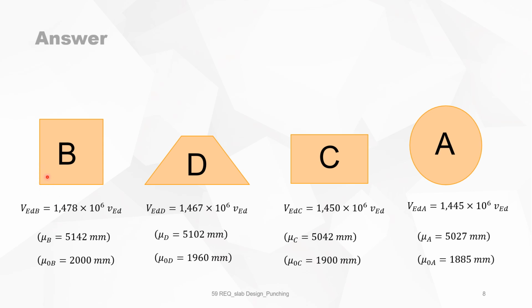So sometimes this can be more limiting than the first critical section. So that's why I checked here also the circumference of the column cross section, and you see that this is also following the order B, D, C, A.